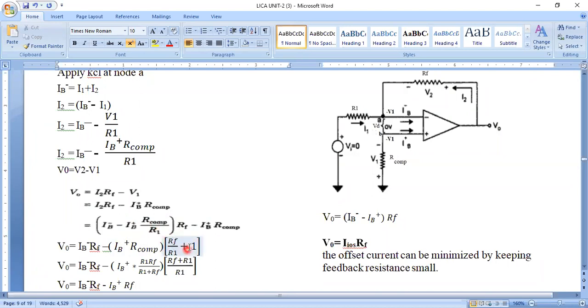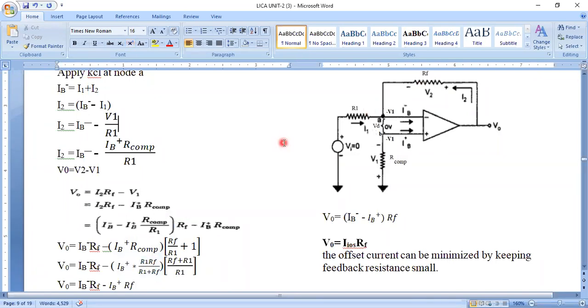Here we took it in the format of A by B plus 1, that is, feedback resistance with respect to input resistance plus 1, and took that as a common factor. Again we re-simplified from the initial expression. We know that R compensation is where R1 and RF are connected in parallel.